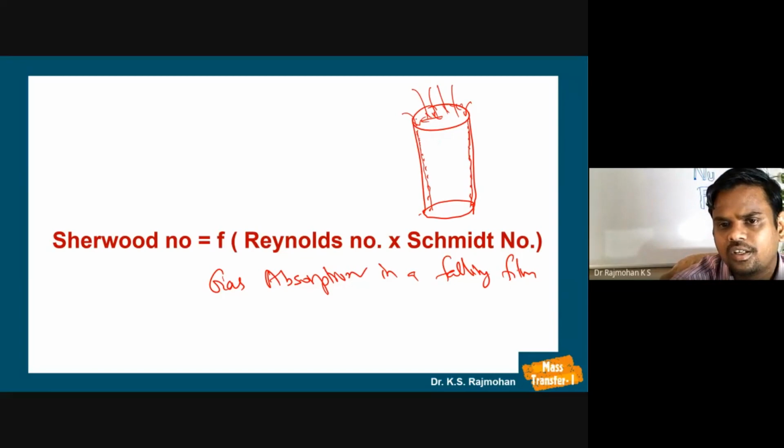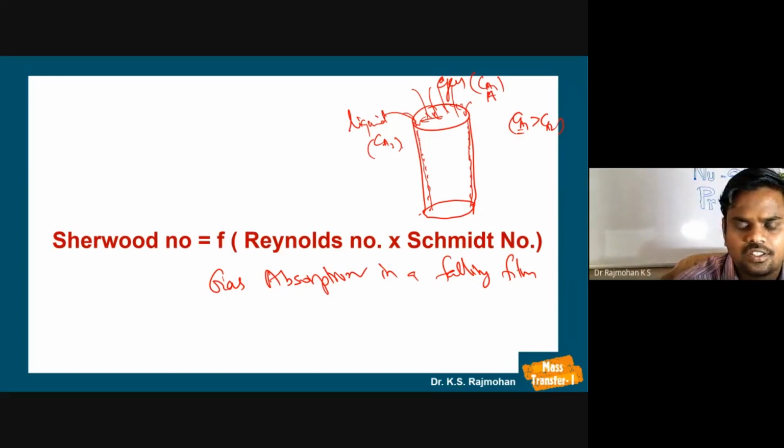Let me say this is the gas, and the liquid has less concentration of A, while the gas has a high concentration. If Ca1 is greater than Ca2, the gas has the solute A, at concentration Ca1, which is higher than in the liquid.